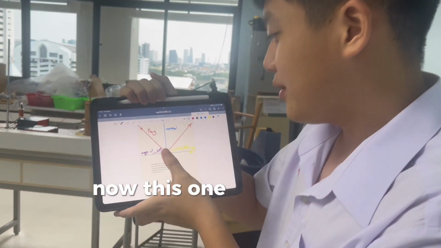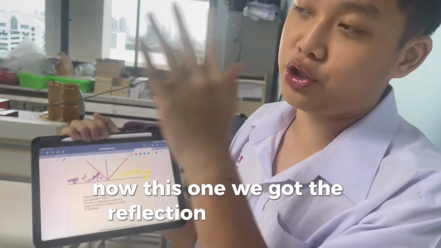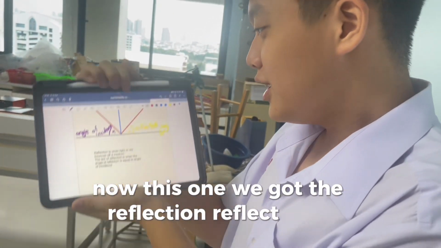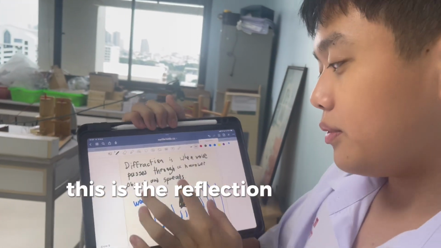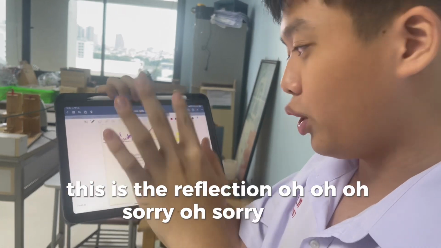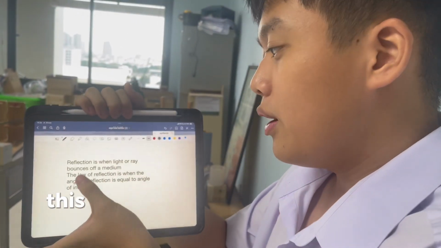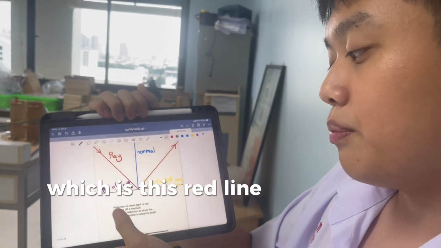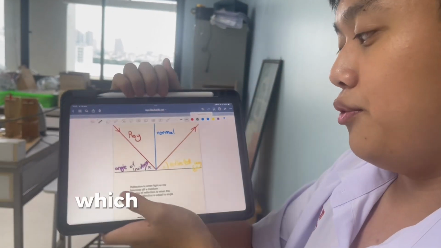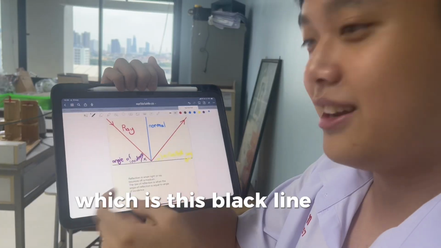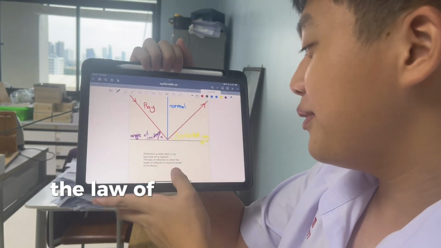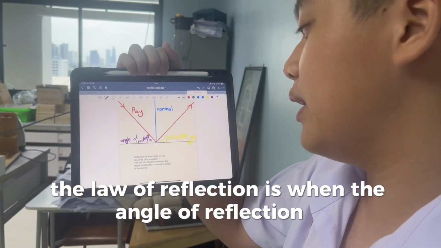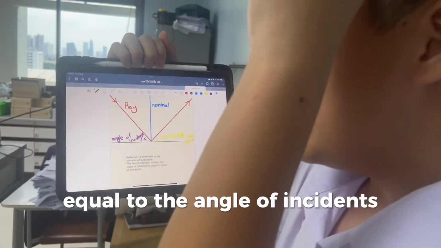Now, this one, we've got a reflection. This reflection is when light or a ray, which is this red line, bounces off a medium, which is this black line. The law of reflection is when the angle of reflection is equal to the angle of incidence.